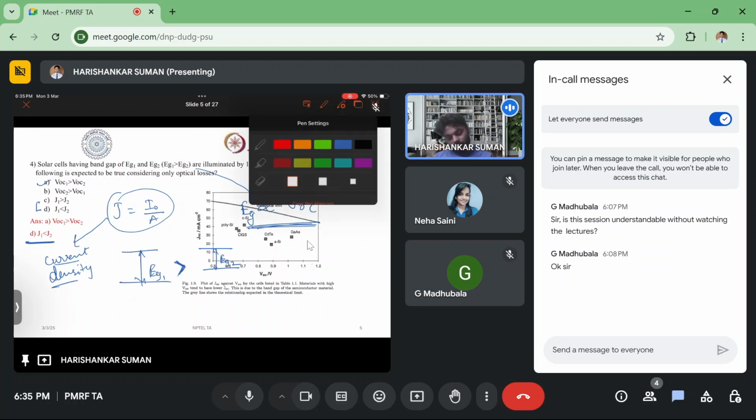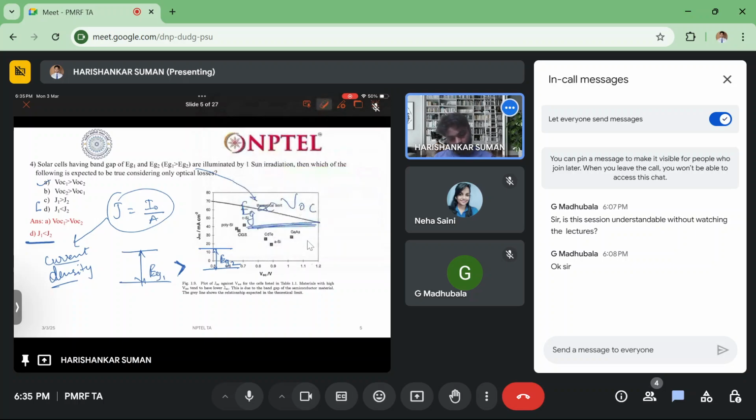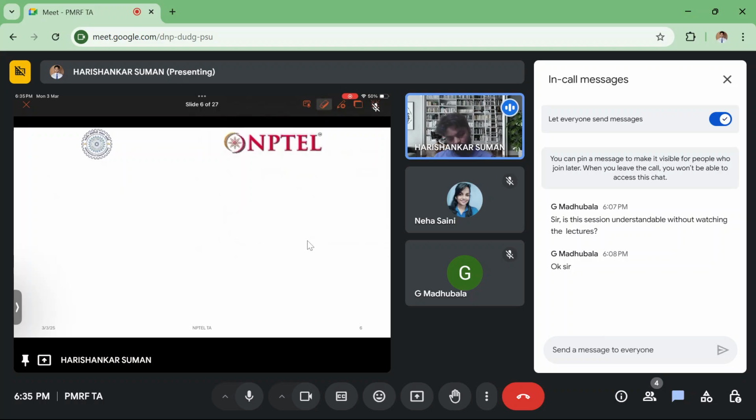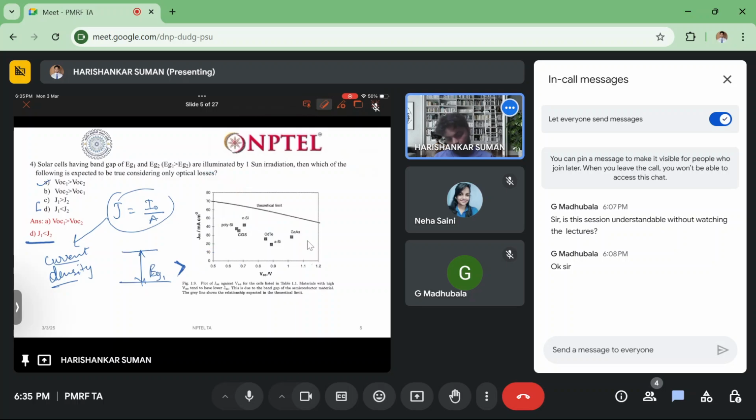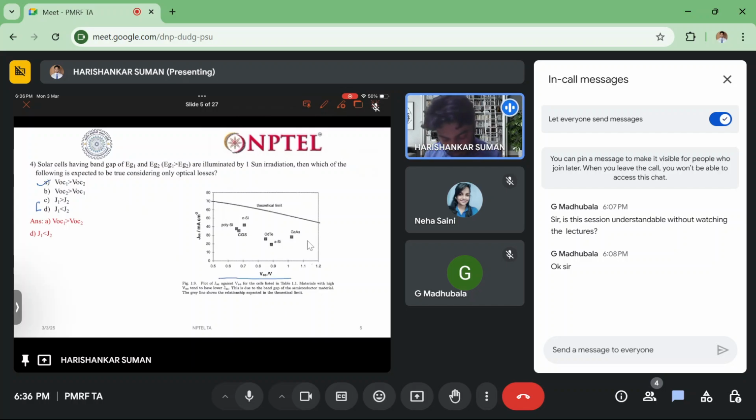This is the relation between VOC and current density.